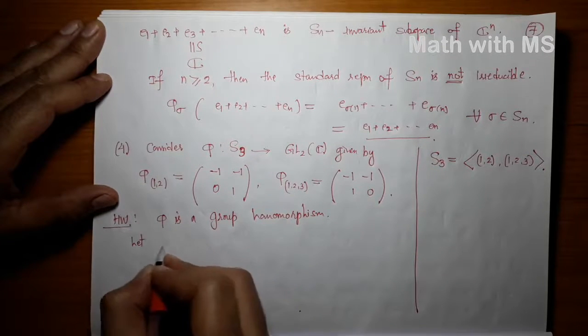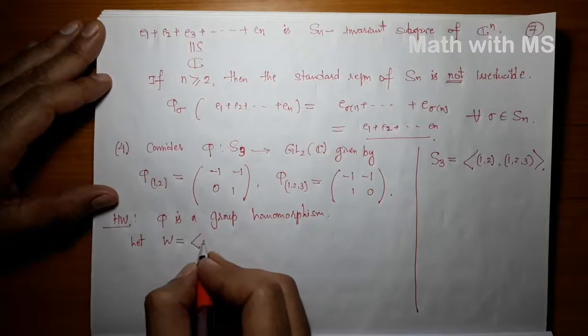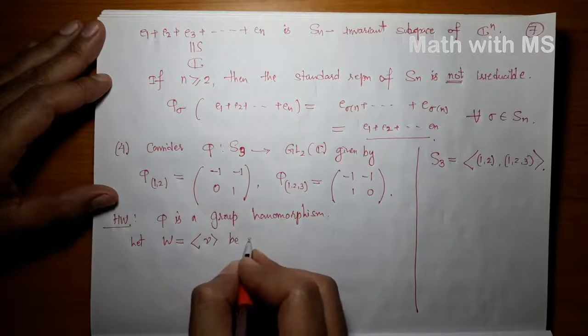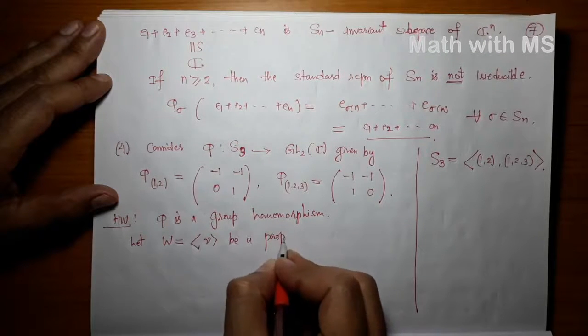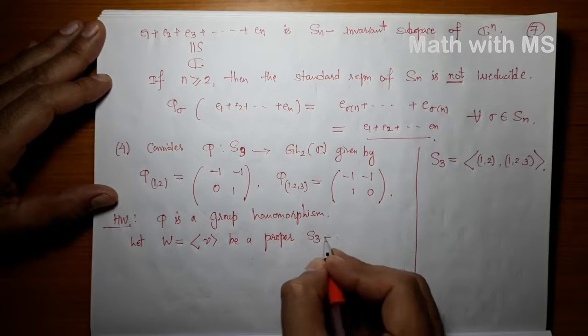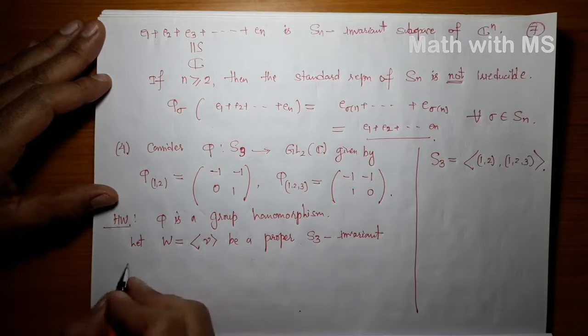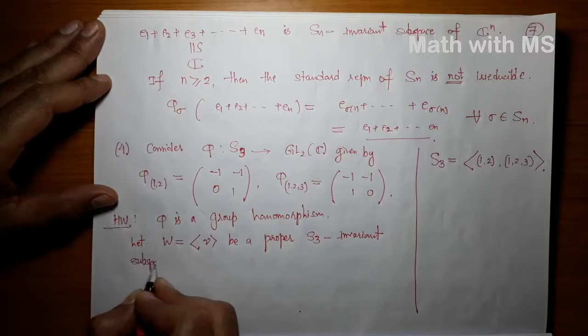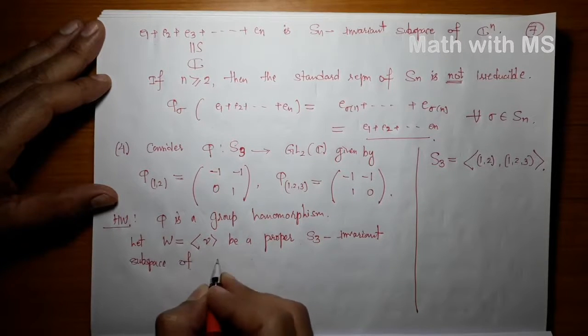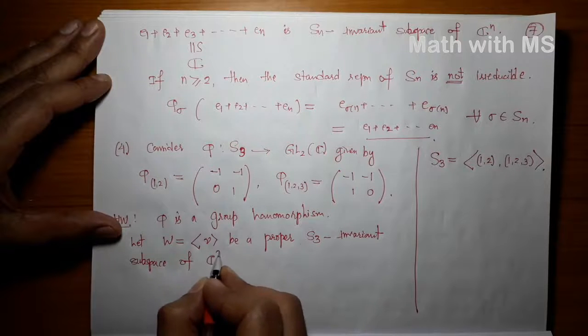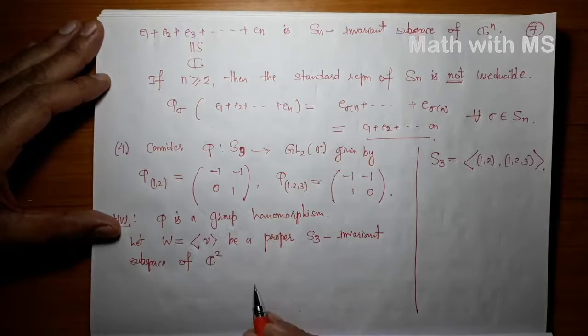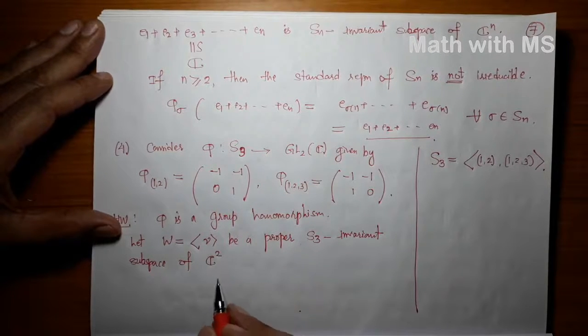So let us say W spanned by some vector V be a proper S3 invariant subspace of C2, because GL2C is GL of C2, right?